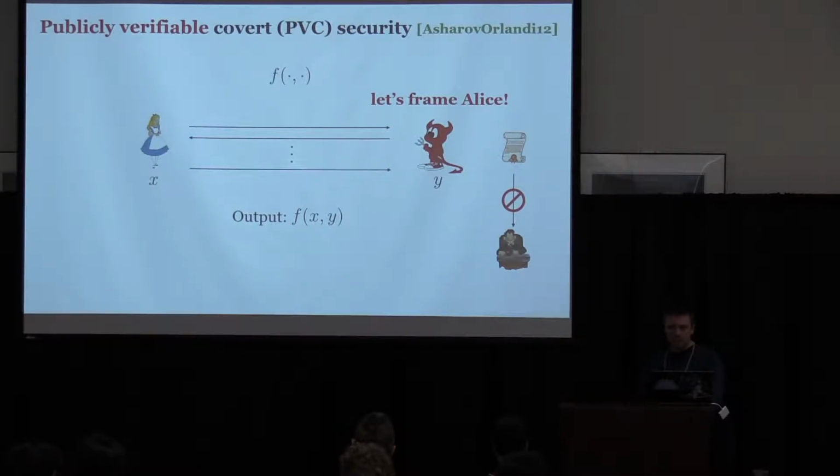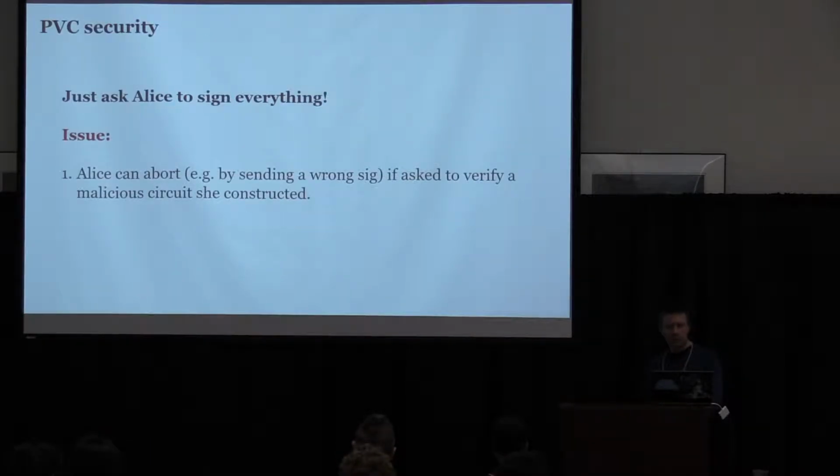Okay, so that's the model. There are some subtleties in how you define it, but intuitively it's clear. One obvious thing to do is to just ask Alice to sign everything. Then if she cheats, you'll be able to show a couple of inconsistent messages, and that will be proof of cheating. That doesn't work, because when Alice is asked to prove something, she can abort without giving a signature.